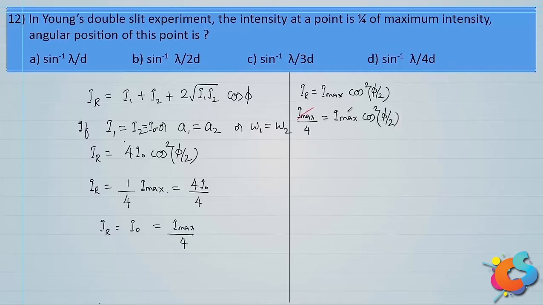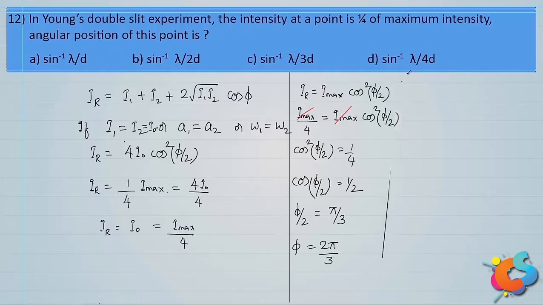You can cancel I max here, so you're left with cos square phi by 2 equal to 1 by 4. So cos phi by 2 is half, or phi by 2 is cos inverse of half, which is pi by 3, or phi is equal to 2 pi by 3.